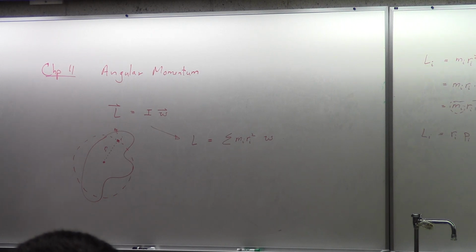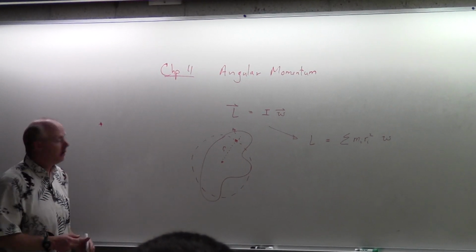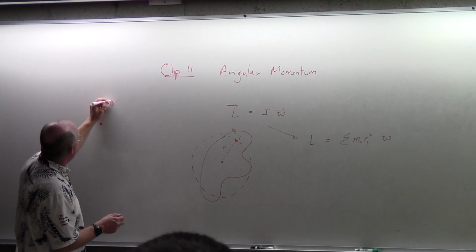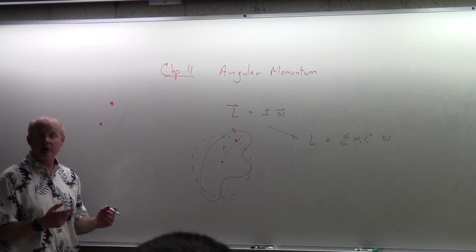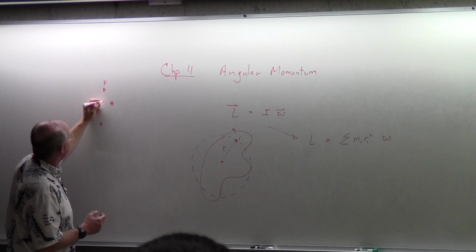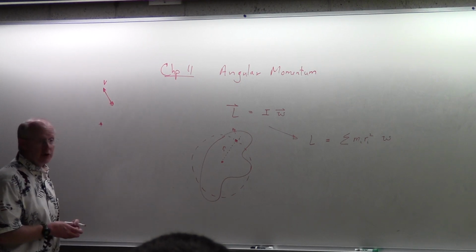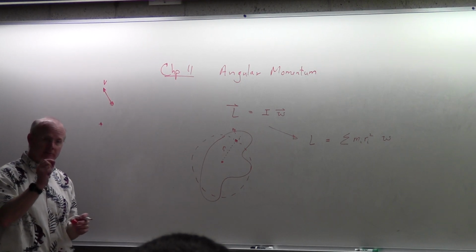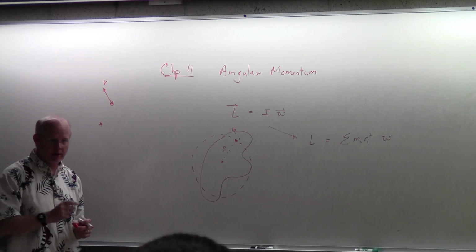But what if it was something that looked like this? What if it wasn't a rigid object? What if this was the axis point, maybe call it the sun, and then this is the object, maybe some kind of asteroid or comet, and it was headed off in that direction, v. How do you think you might calculate the angular momentum of that one?